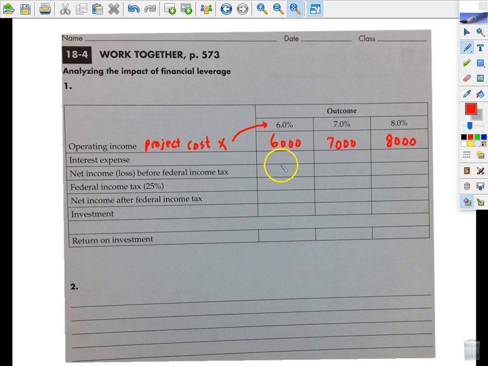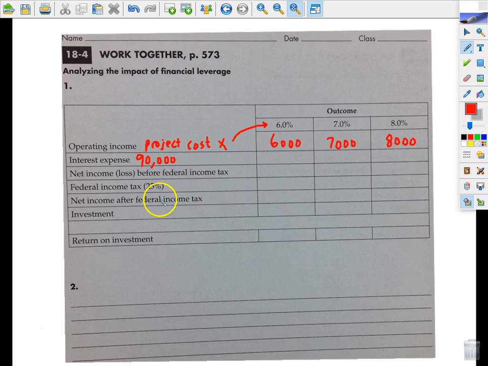Okay. Now let's take a look at interest expense. Well, notice the wording. The company can issue 7% $5,000 bonds to finance 90% of the project. Okay. So in other words, the whole cost of the project is $100,000. Well, 90% of it is going to be financed.